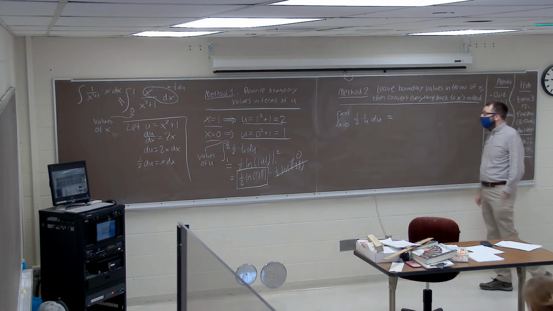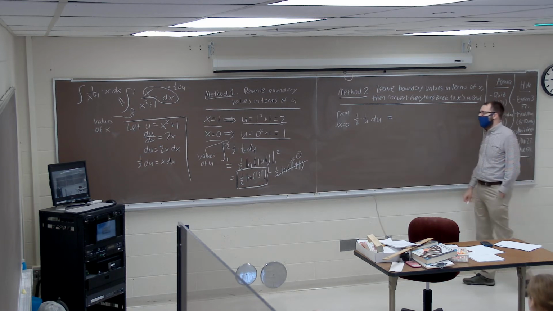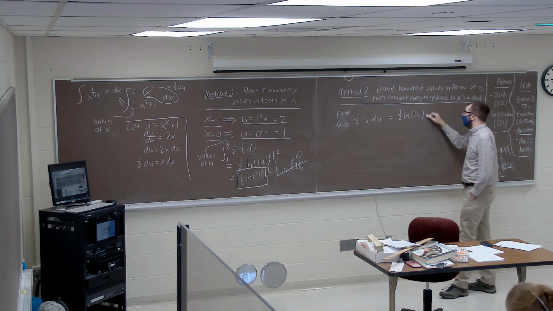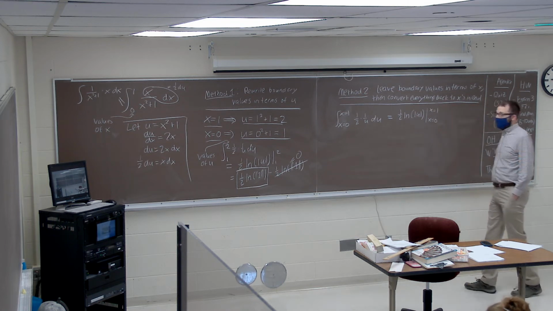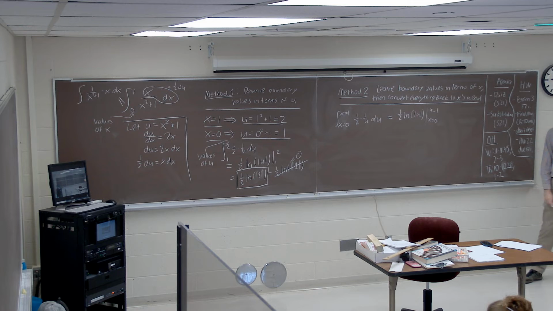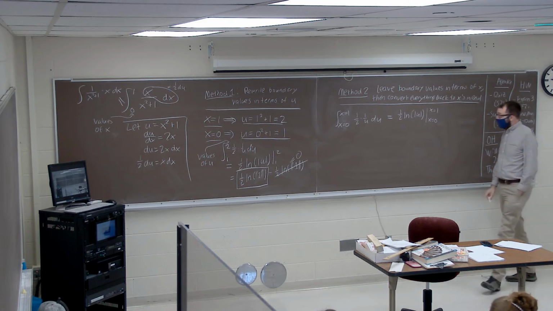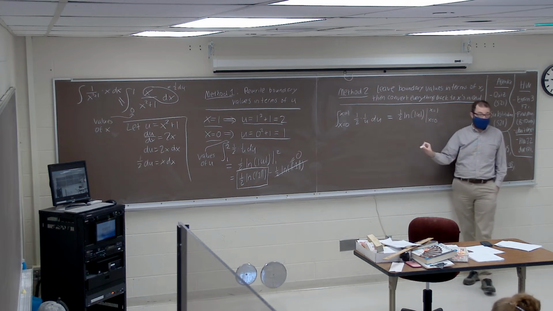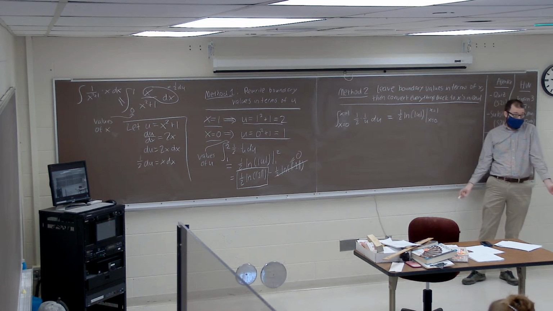So with that, we can integrate the same way as before to get 1/2 natural log absolute value of u from x equals 0 to x equals 1. And now we can't just plug in 0 and 1 for u, because 0 and 1 are not u values, they're x values.